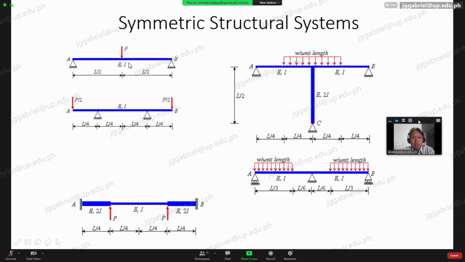Okay. You see here EI. What is E? What do you think E is? That's not my initial. It's actually the property of the beam. Modulus of elasticity. Correct. Then what about I?